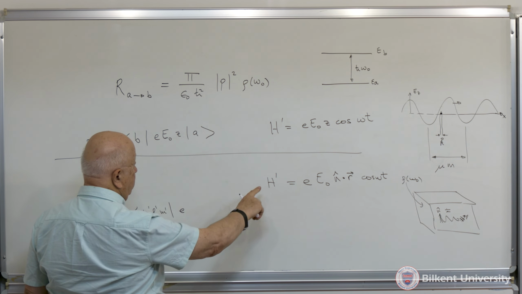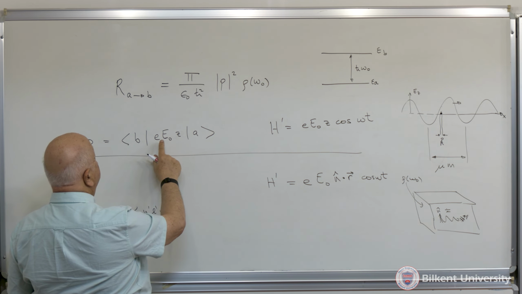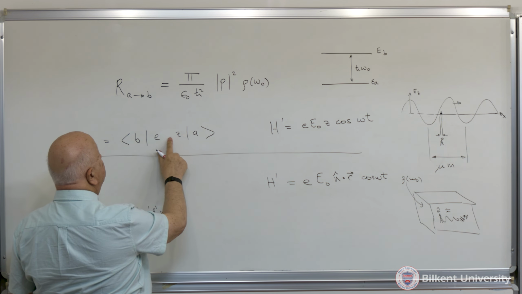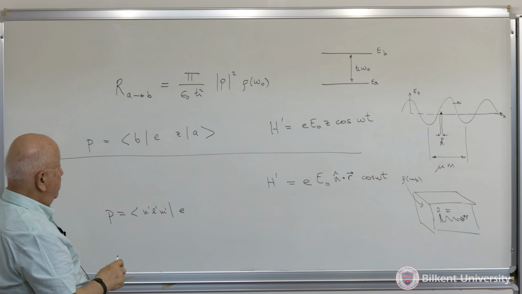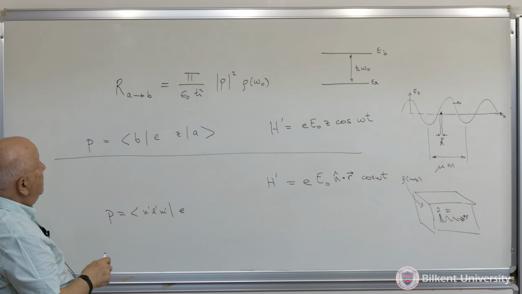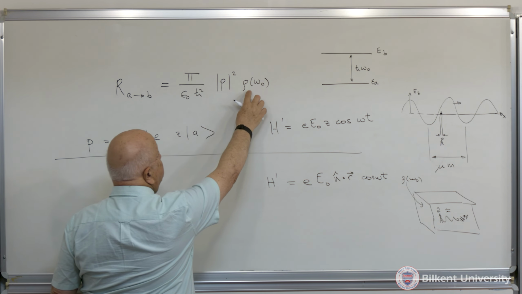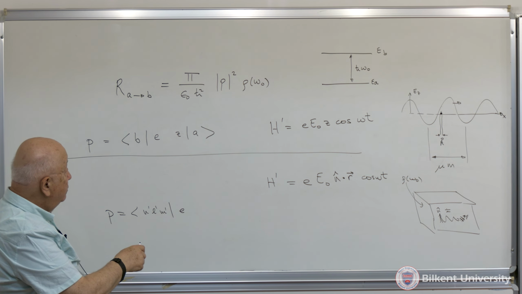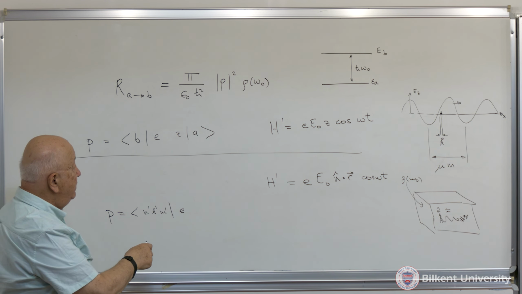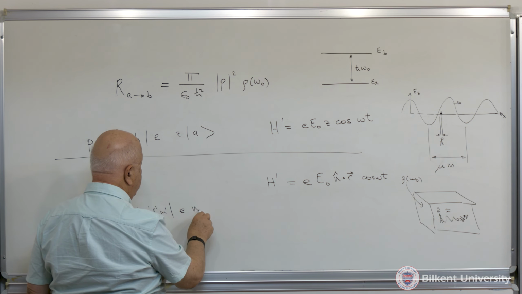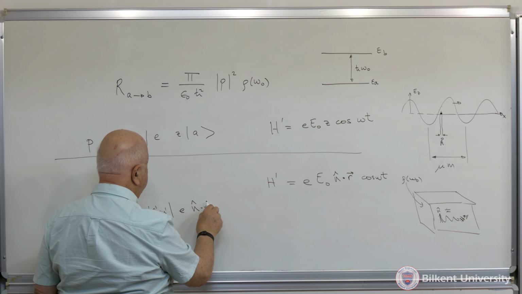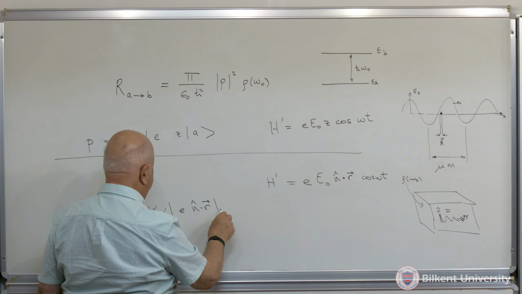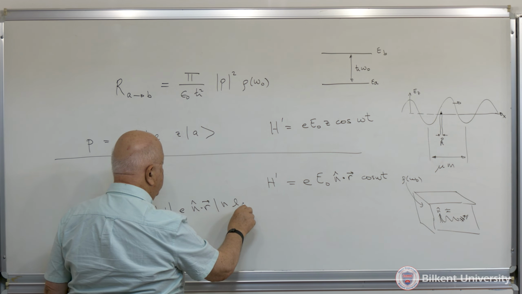E0 is not included here, so that's just my polarization vector. E0 is now hidden inside rho omega. So now I have this E and then n dot r, and that's what I have, n, l, m.